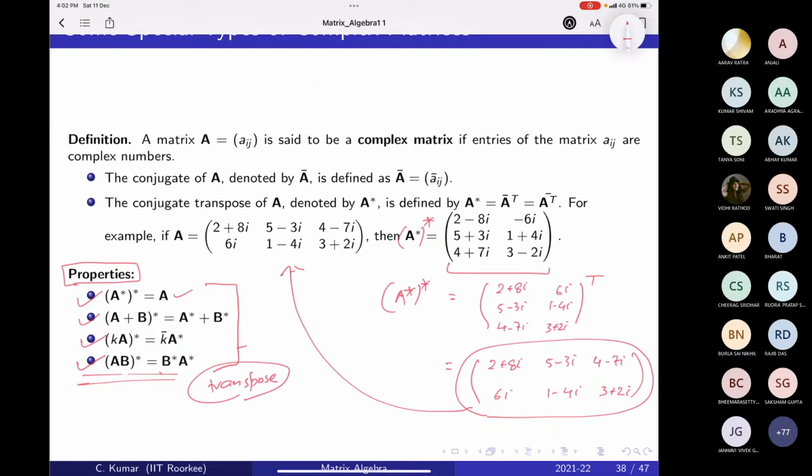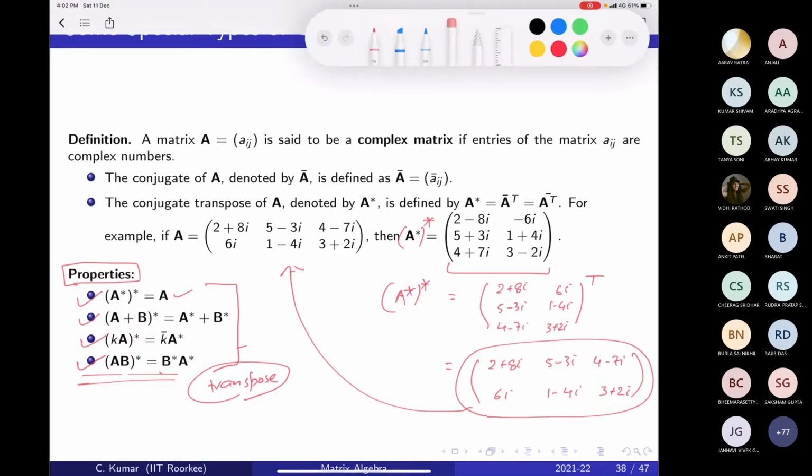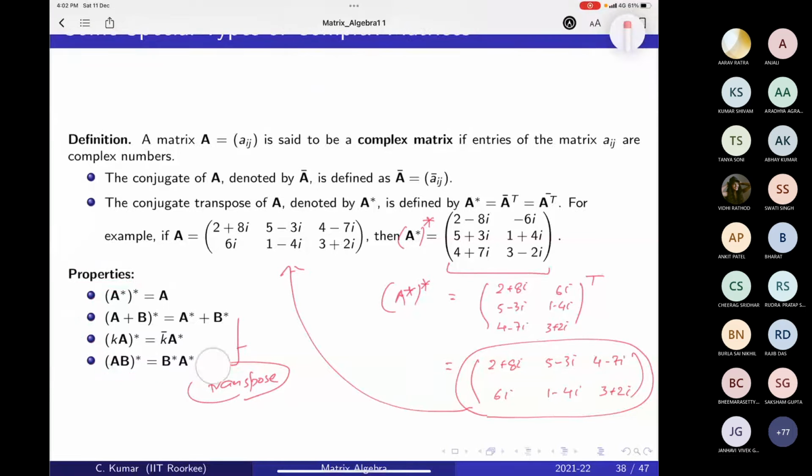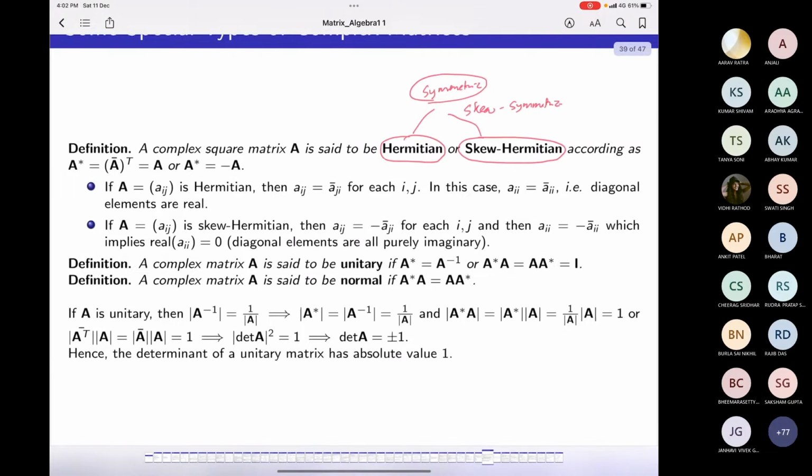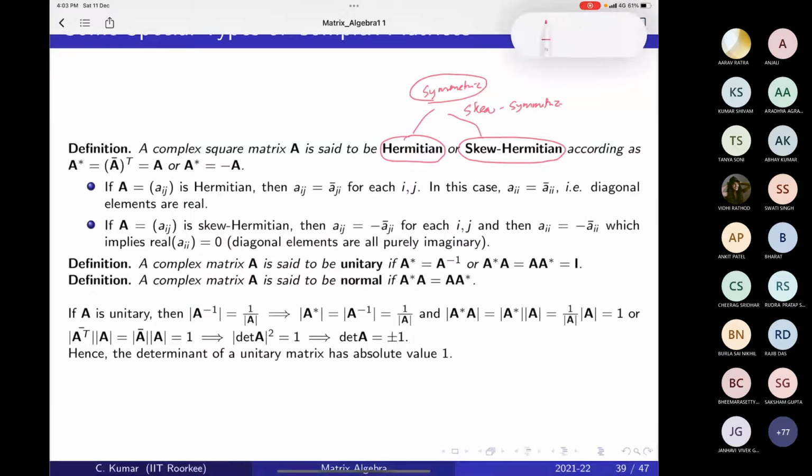That's all. So all the proofs that you have done for the transpose will hold here. You can try these proofs at home. You take any general form of the matrix and then you can show that all these properties hold. If you feel difficulty, then you can ask me.